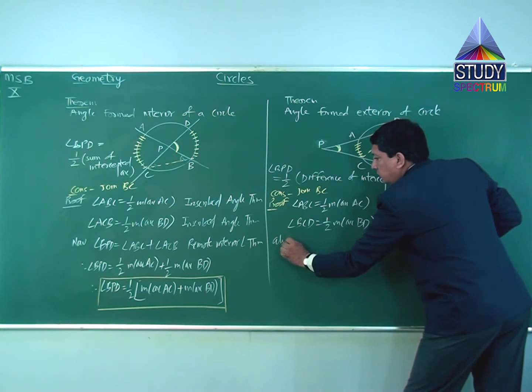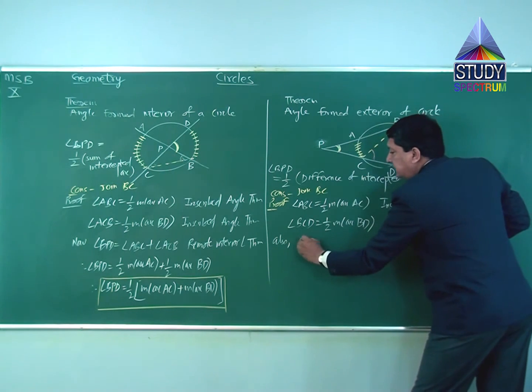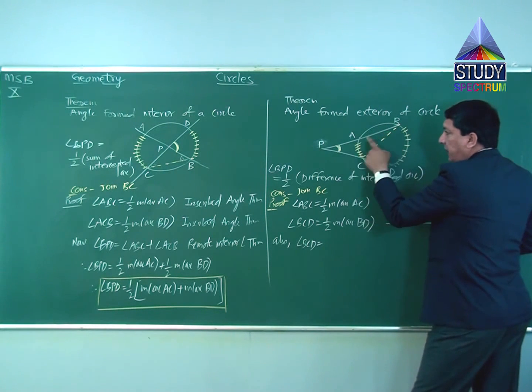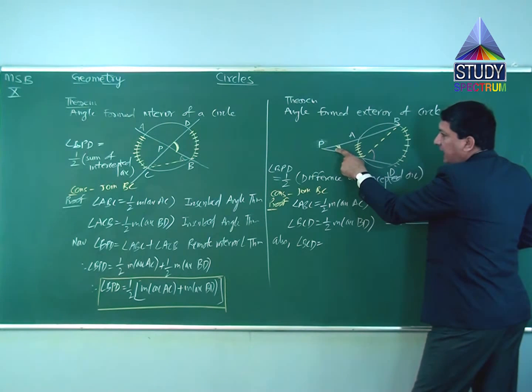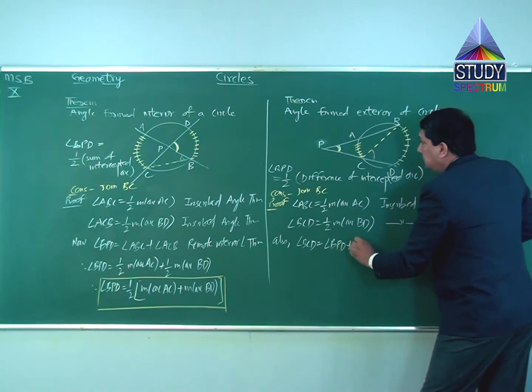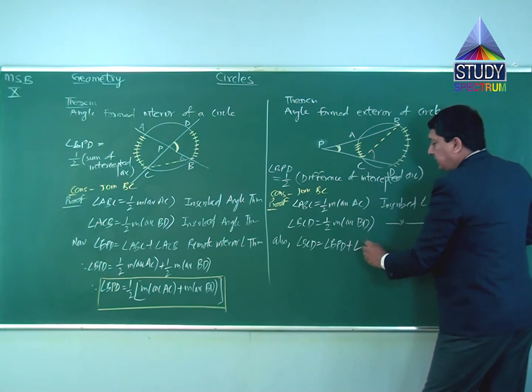Also, angle BCD is equal to the sum of these two angles, the remote interior angles. Now this angle is angle BPD plus angle ABC, right? These two angles.